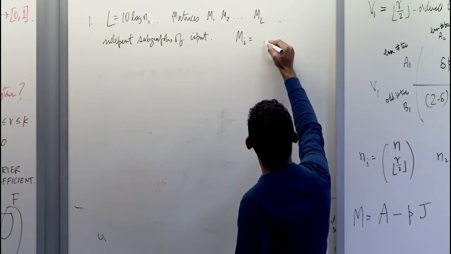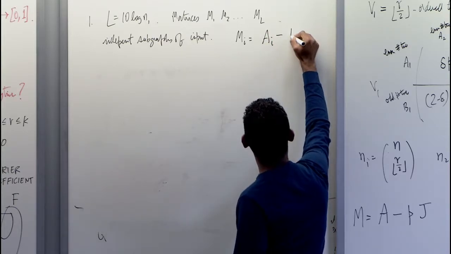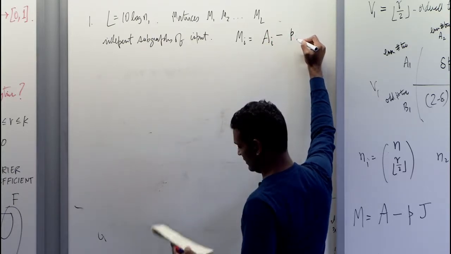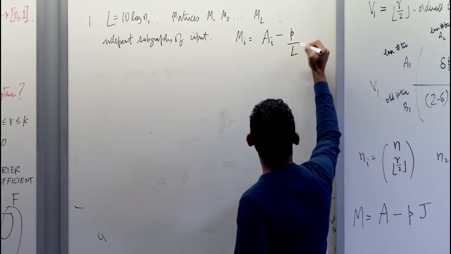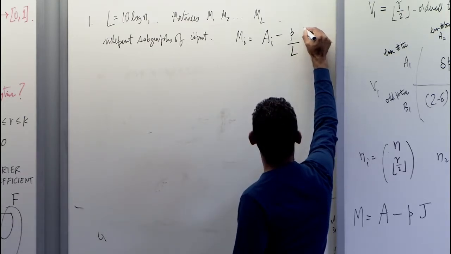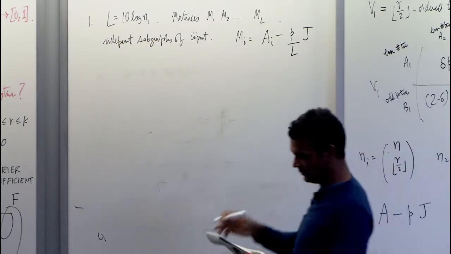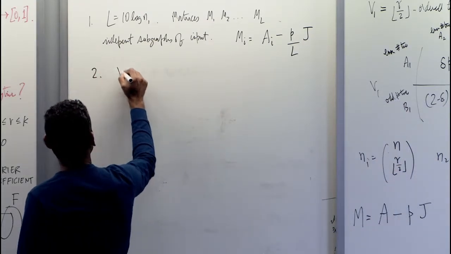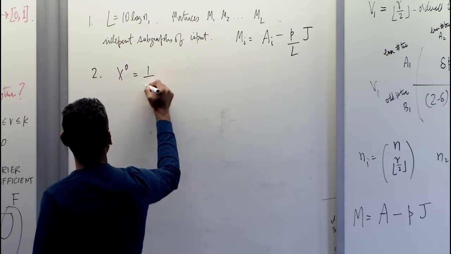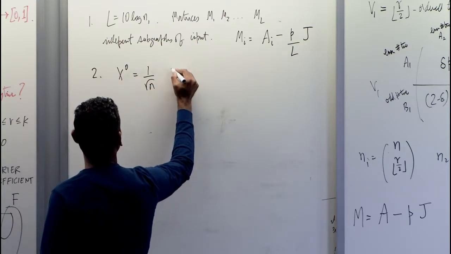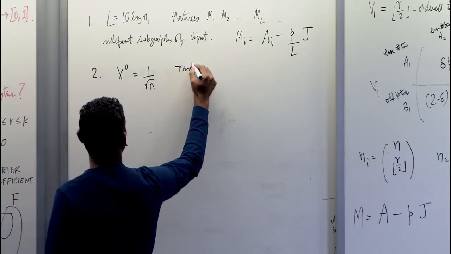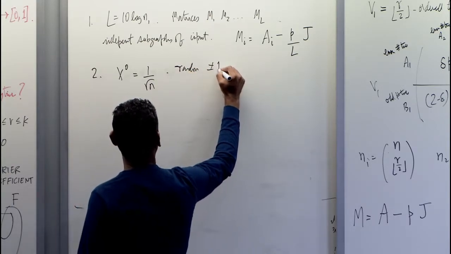So Mi is Ai, the adjacency matrix, minus this probability P over L times the all ones matrix, just as we centered here. Now, we start with a random vector, which is just a random unit vector, 1 over square root n times a random plus minus 1 vector.